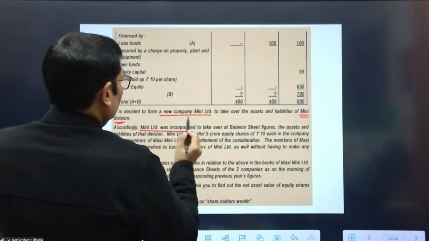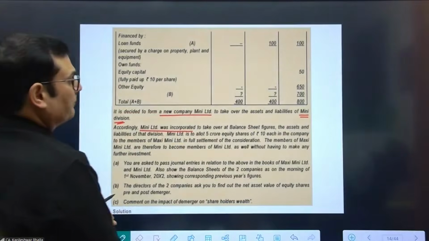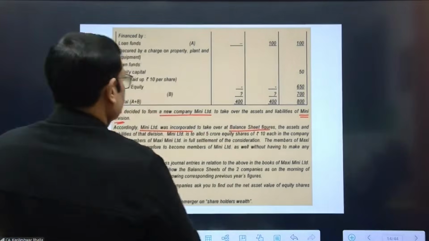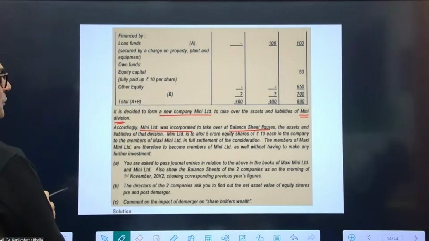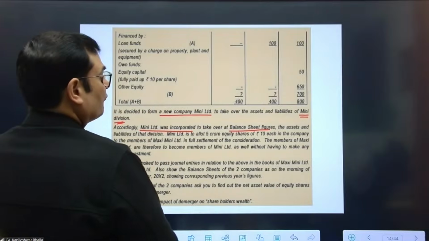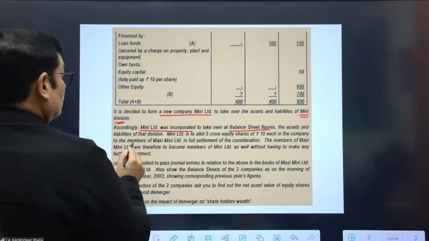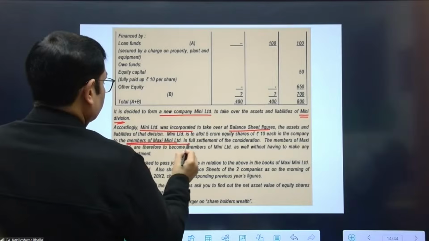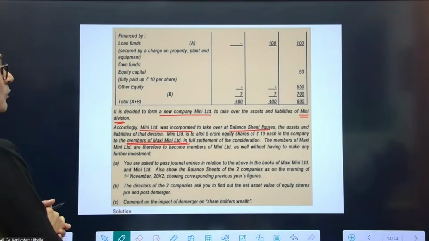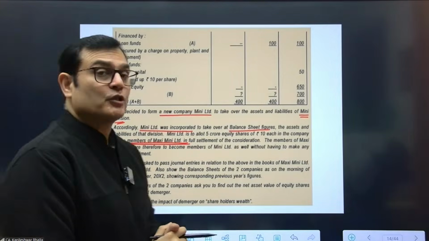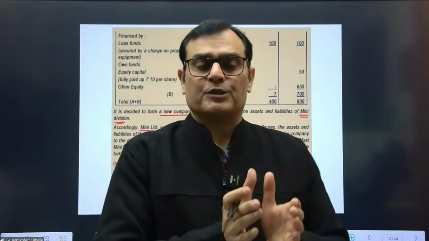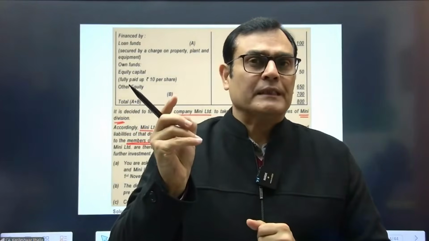Accordingly, Mini is incorporated to take over at the balance sheet figure book values the assets and liabilities of that division. Mini is going to allot 5 crore shares of 10 each to the members of Maximini. Now that is important because when you say it is going to be a case of a demerger, what is important is the consideration is given to the shareholders of the existing company. A demerger happens only when the purchase consideration is given to the existing shareholders of the company.